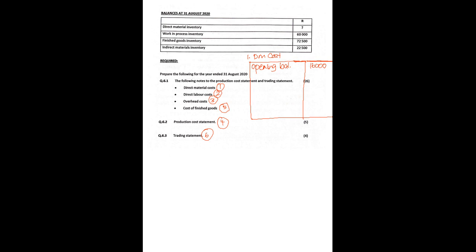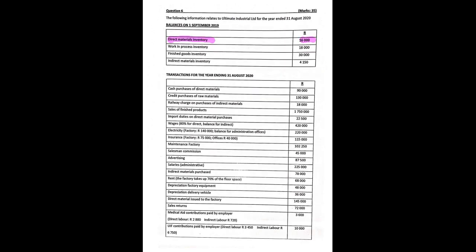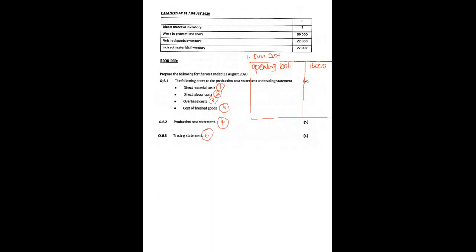So in your transactions, they say to you the first item is a cash purchase of your direct material, that's 90,000, and then a credit purchase of your raw materials, which is 130,000. So you're going to note both of those. The cash purchase you will label bank, and automatically then the assumption is that it was purchased in cash.